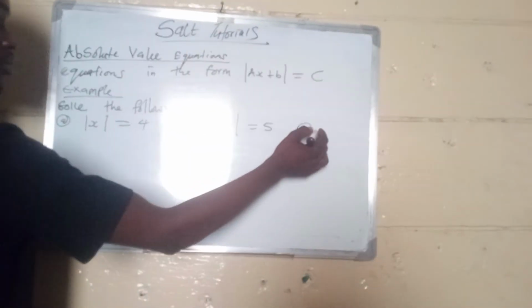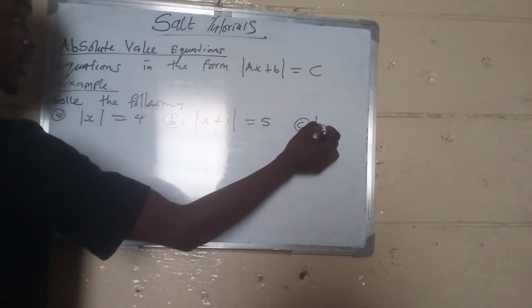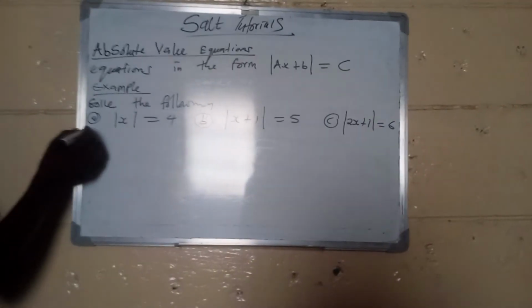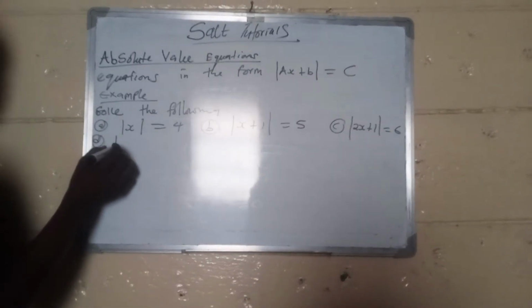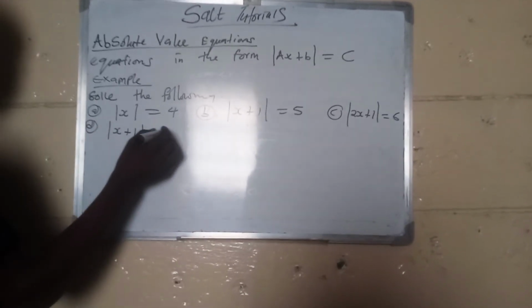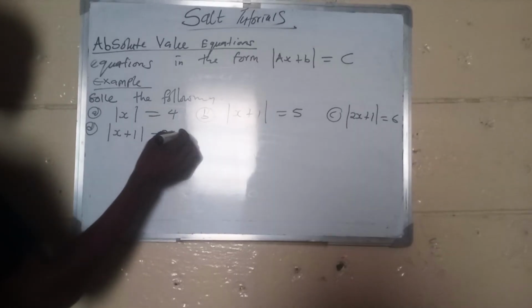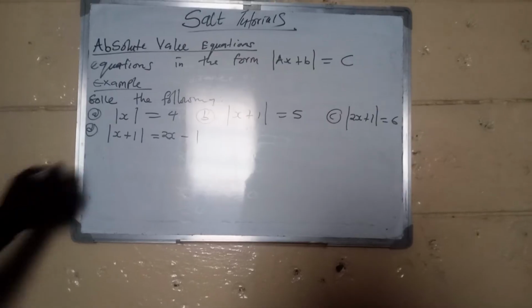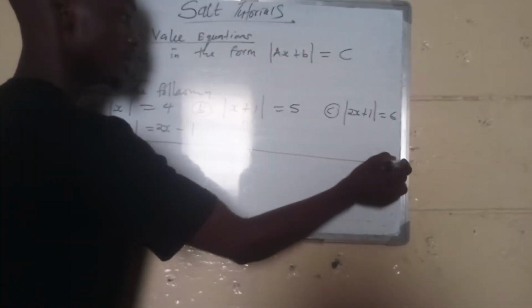C, solve the absolute value of 2x plus 1 equal to 6. And D, solve the absolute value of x plus 1 equal to 2x minus 1. So these are the 4 questions we're going to look at. We can start with the first one.